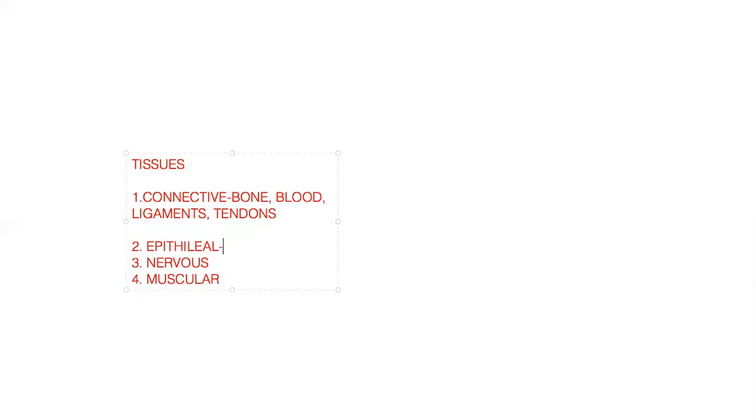Epithelial tissue is avascular, and it provides protection. Nervous tissue. Nervous tissue covers the nervous system.